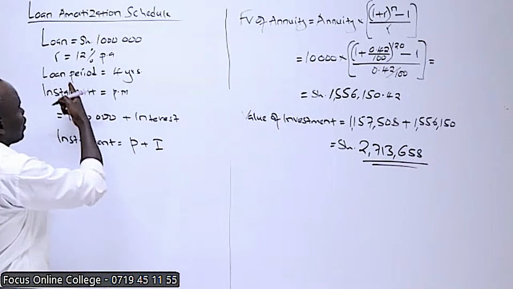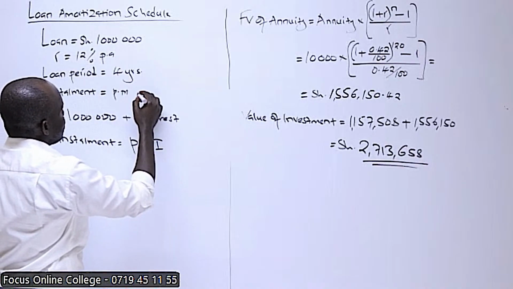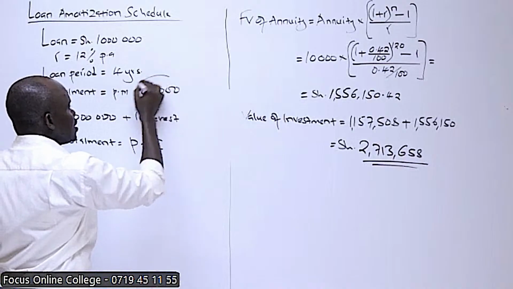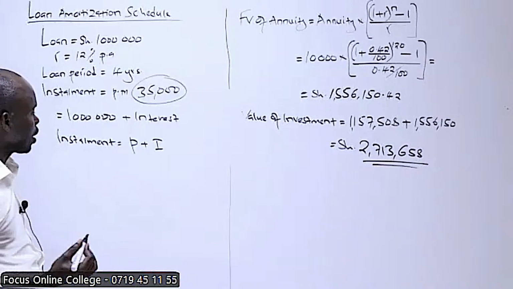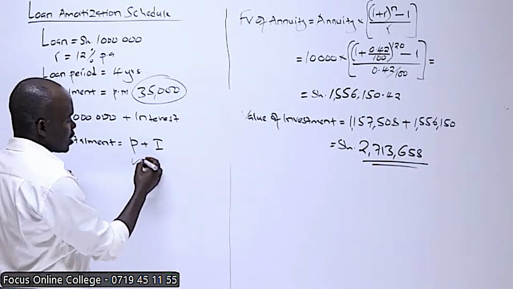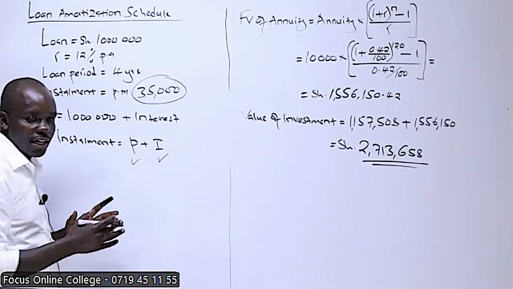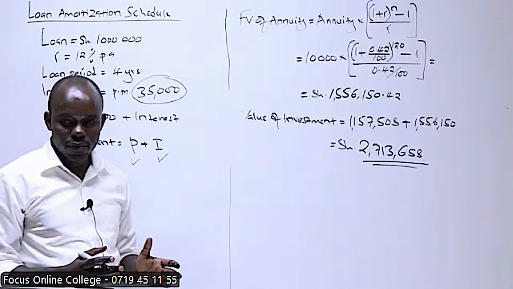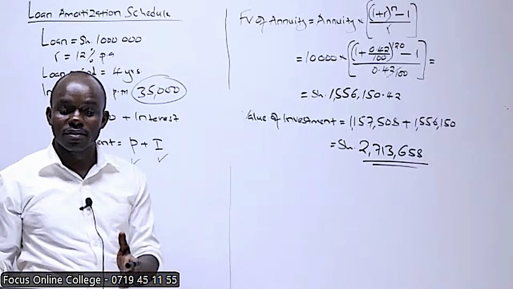Let's say, for example, after doing all these calculations, we will realize that this person should be paying 35,000 shillings per month. Each installment that you're making for loan repayment can be split into two. It has an element of the principal and the interest expense. So you don't say that first I'm going to pay the principal amount, then after paying the principal amount, I will now start paying the interest amount.